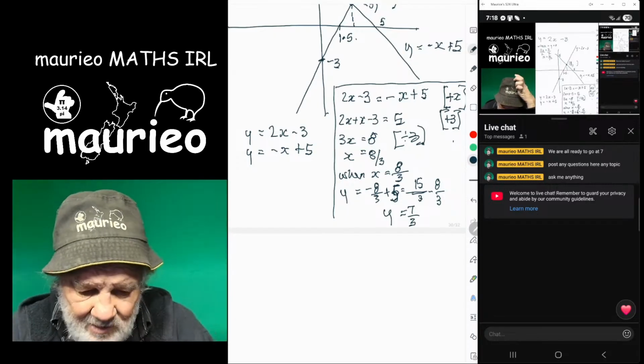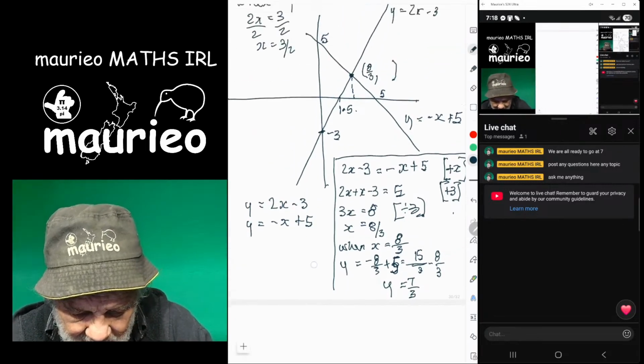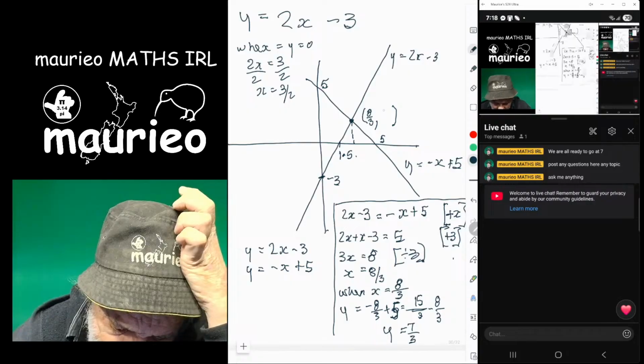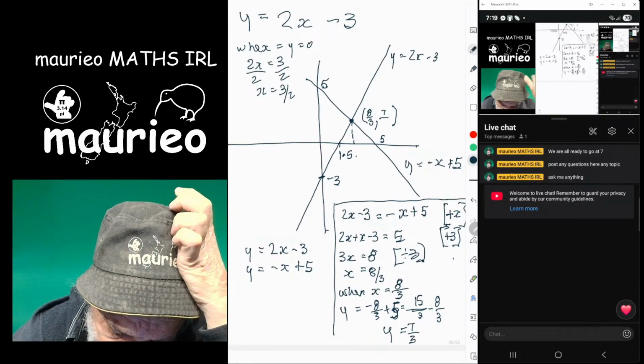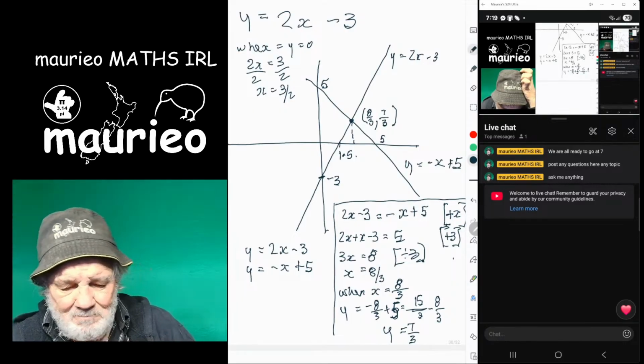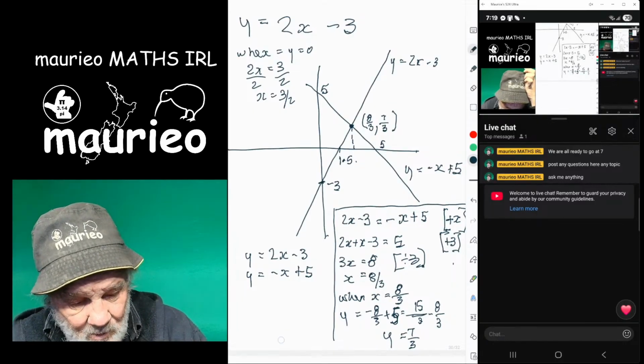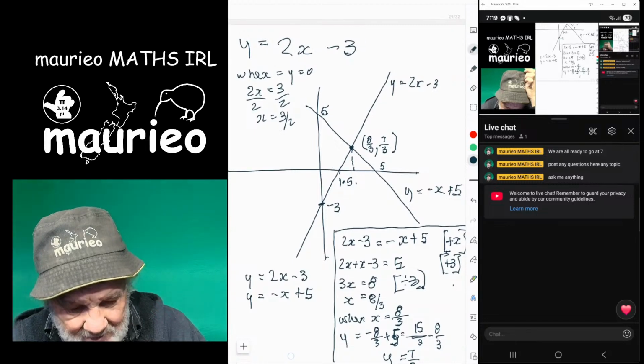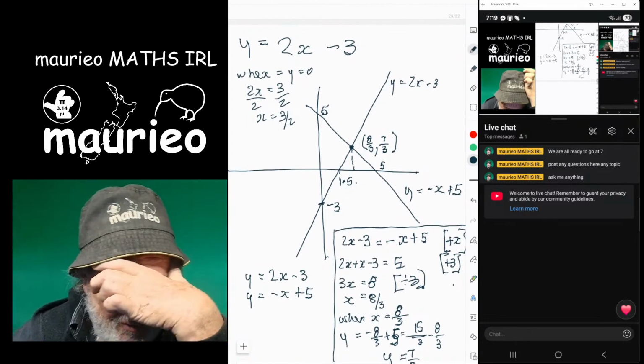So y equals 7 over 3. That's what that point would be. Whoa, two straight lines, the intersection of two straight lines.